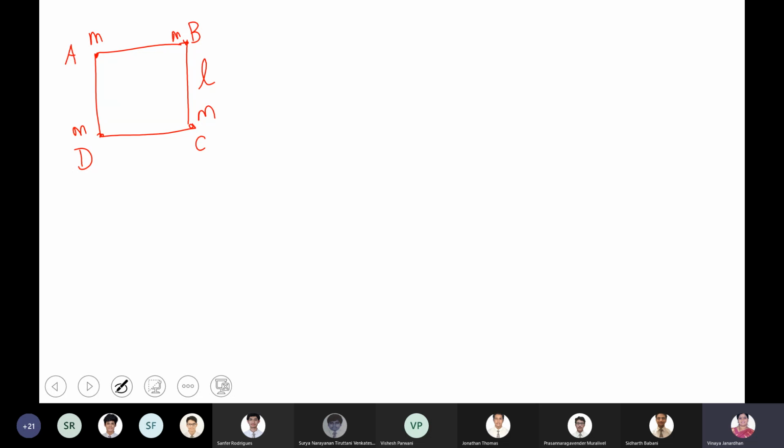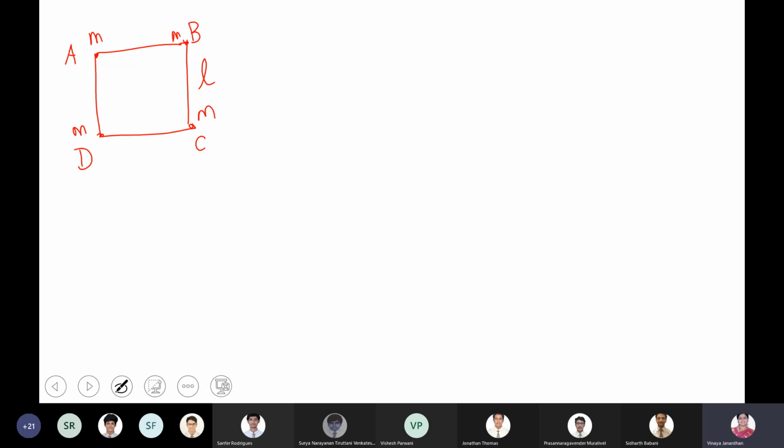The total work done in putting all these masses together, because each mass is going to create its own gravitational field. So if you want to assemble all these four masses at the vertices of a square, to bring this configuration, you have to do a work, and that work will be stored as a potential energy in this system. Are you clear, boys? You have to bring all the four masses together, put them at the vertices of a square of side length L. For this, you need to do a work. Whatever work you do will be stored as the potential energy in the system.